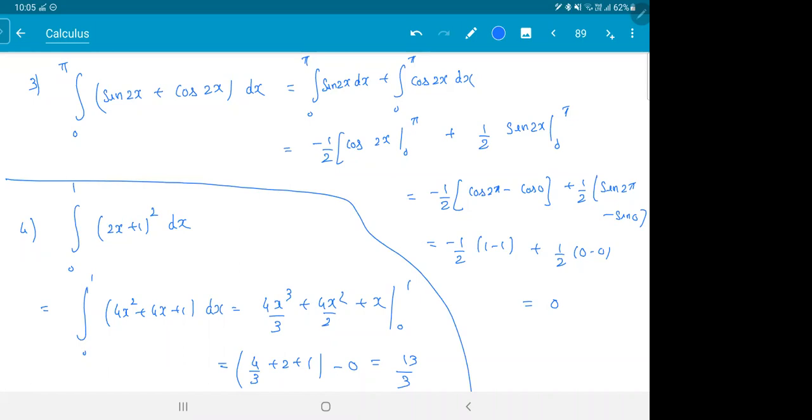This much you can handle. Your integration basics are clear. Unlike differentiation, this is quite easy in that way. Applications are a little different though. Check it out. Till now, any doubts, please ask me. Let's see some applications.